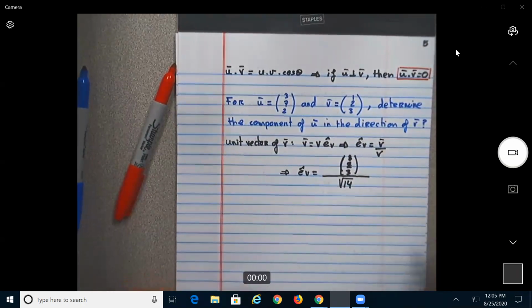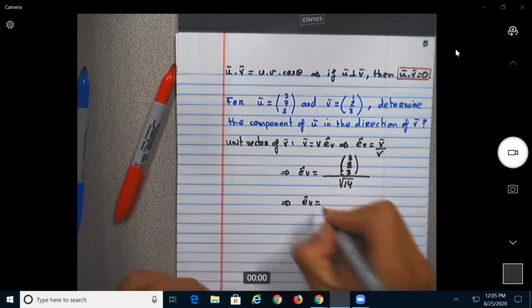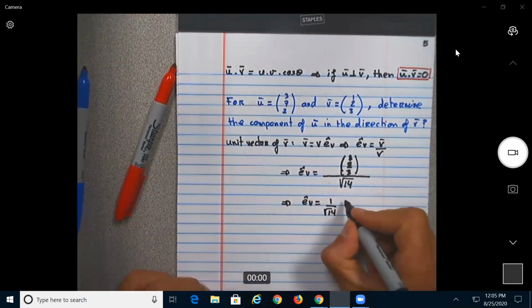I'm not going to do the calculation, you can go ahead, but it's not going to simplify anything. EV will be equal to 1 over square root of 14 times (1, 2, 3).